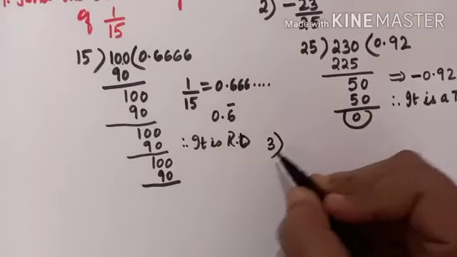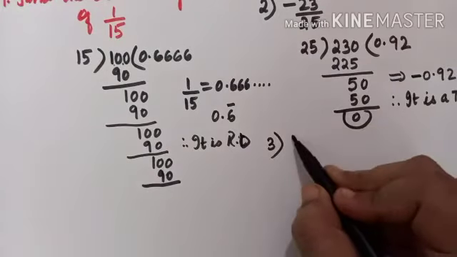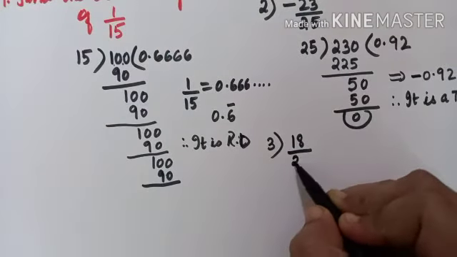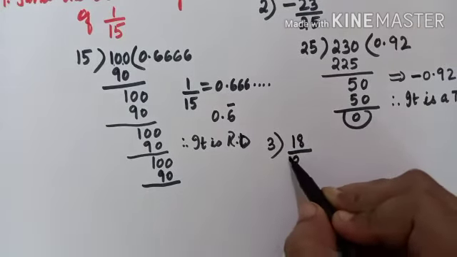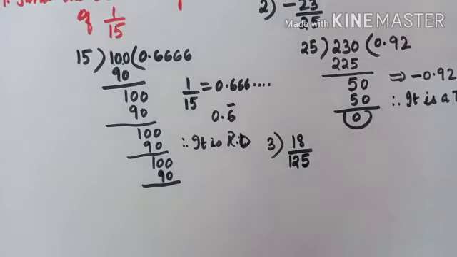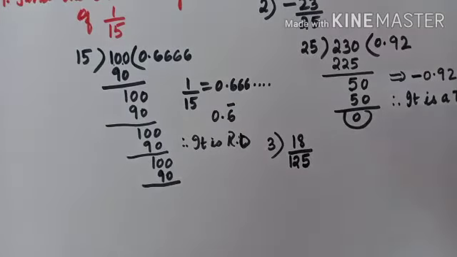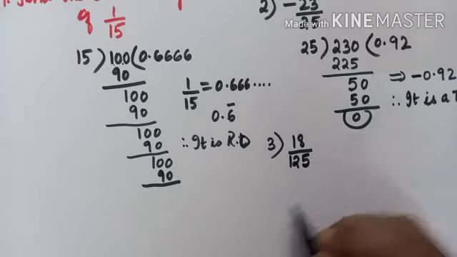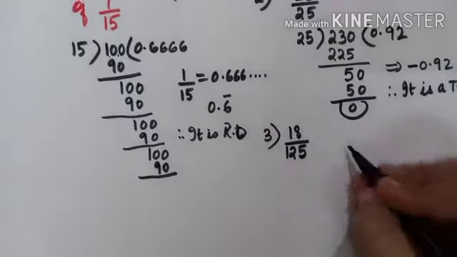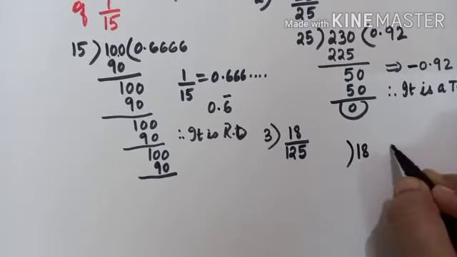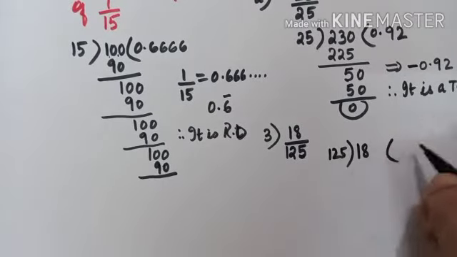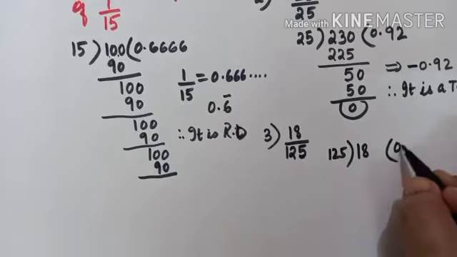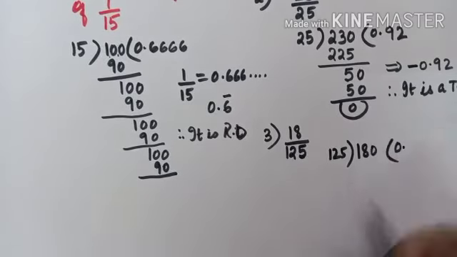So the third one is, you need to find the decimal representation of 18 by 125. So 18 by 125. Here 18 divided by 125. Okay, so here we are dividing 18 with 125. Now 18 is a smaller number, so let us add a 0 point and a 0 over here.